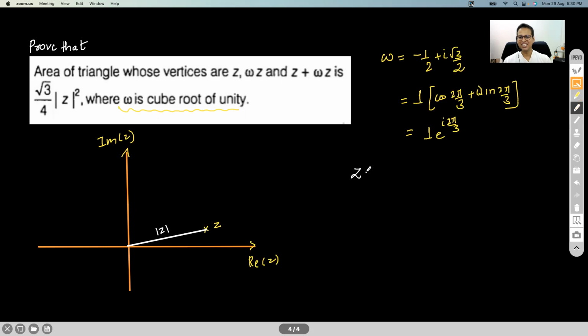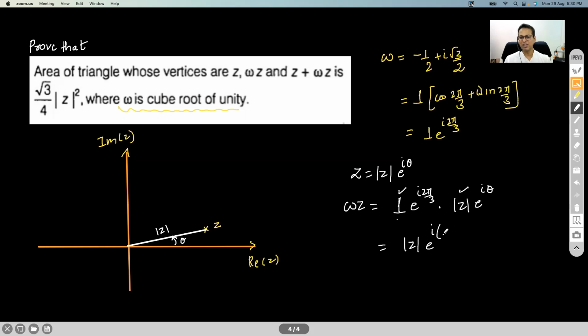Let's say z is mod z e to the power i theta. So let's say this angle was theta. When I'm multiplying omega to z, what am I doing? I'm multiplying 1 e to the power i 2 pi by 3 with mod z e to the power i theta. Now, the moduli will get multiplied, so 1 and mod z will give you mod z. And the exponent will now become theta plus 2 pi by 3.